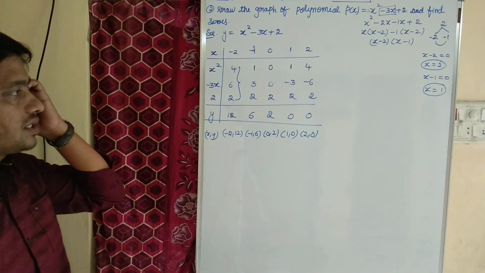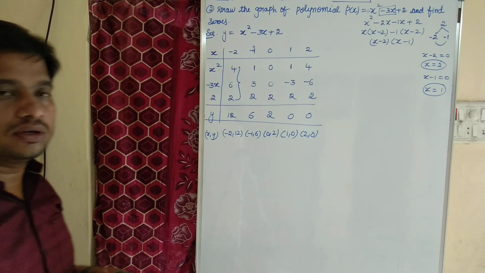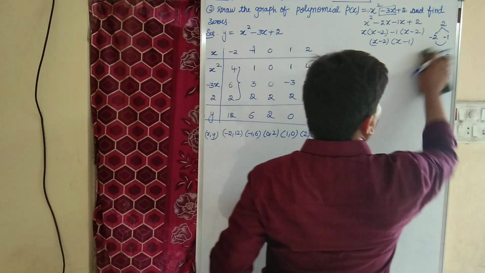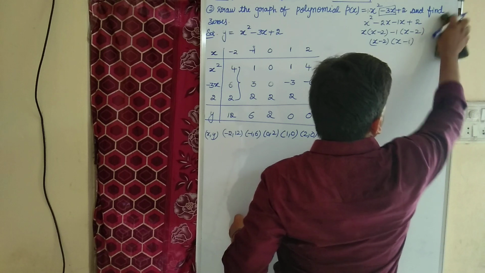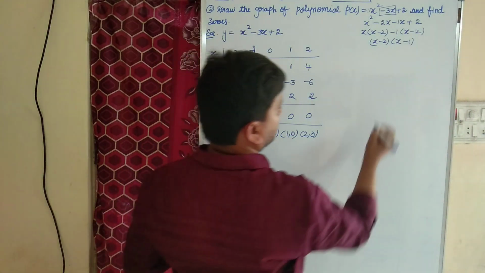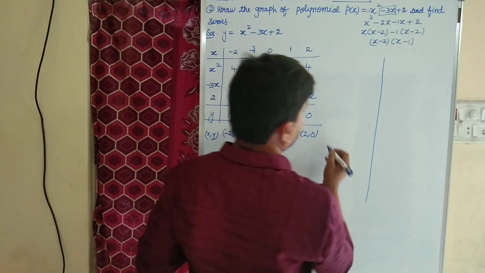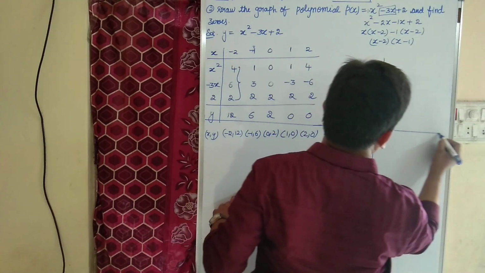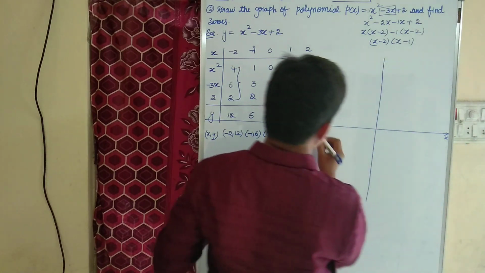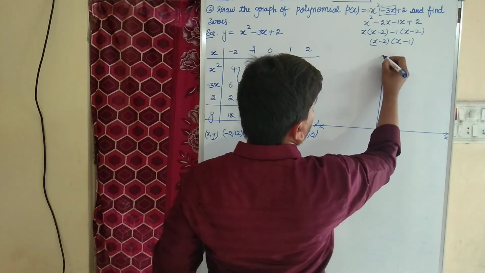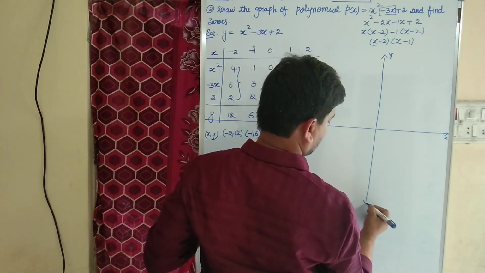Okay, let us place these coordinates on the coordinate plane. Right? So this is our y-axis and this is our x-axis. X dash, y dash.